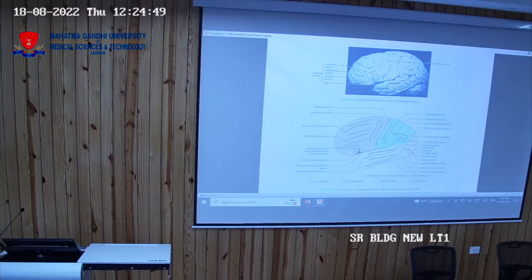The part of the inferior frontal gyrus between the lateral sulcus and A, this is called pars orbitalis. A is called pars orbitalis. B, the area between A and B, that is this one, pars opercularis, and the part that is pars triangularis.